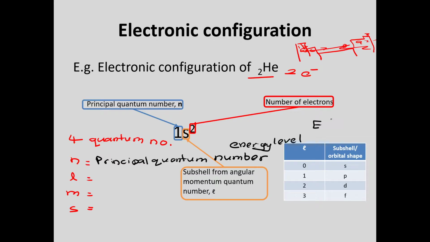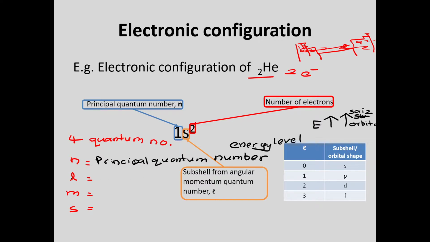Energy tinggi, orbital tu kecil ke besar? Besar. Yes. Size dia besar. Size orbital pun makin besar, kan? So, nombor 1 ni dia bagi tahu energy level dia lah. So, energy level which is datang daripada principal quantum number.